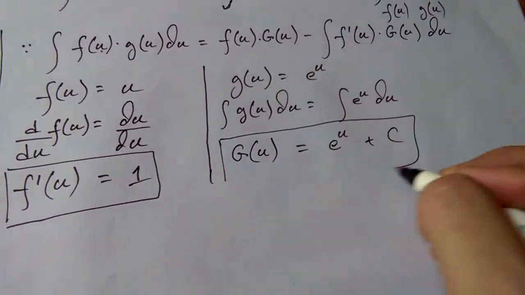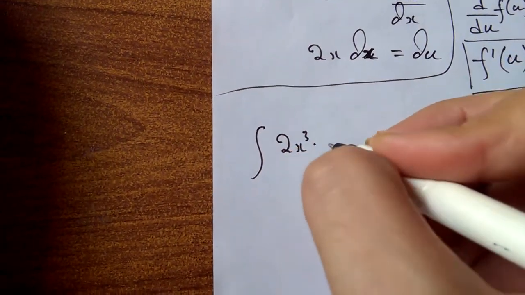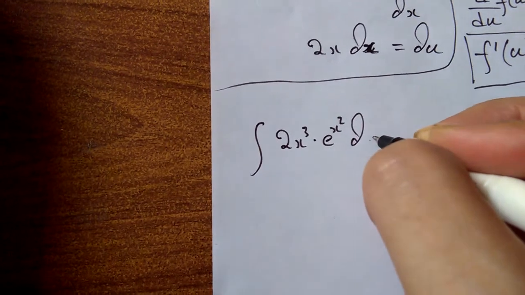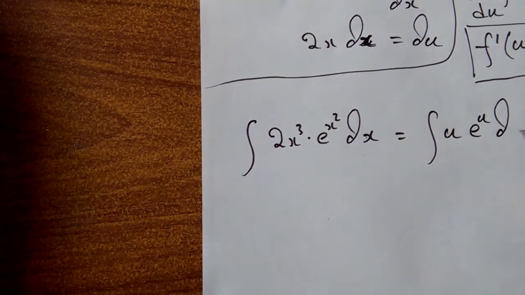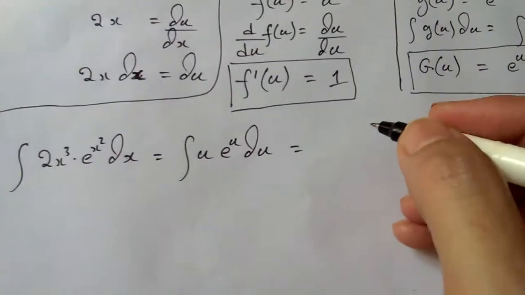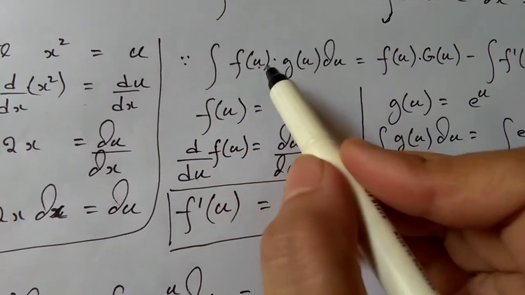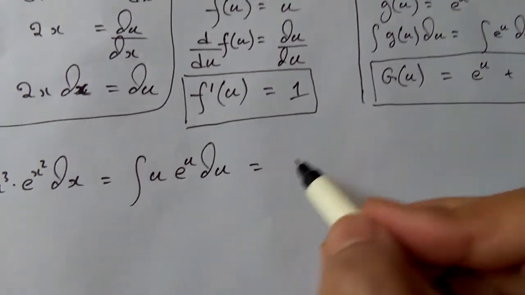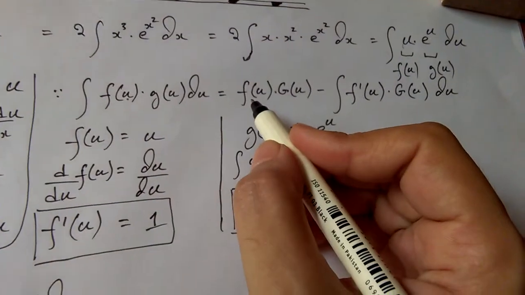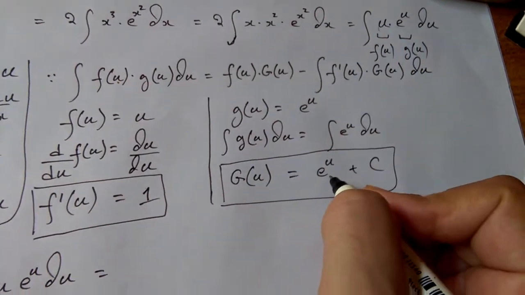Let's highlight this thing. Okay, so now let's write the original function. And it was simplified in this form. Try to be very precise in your work. And now apply the by parts. You see that integral of f of u g of u du is equal to your f of u capital G of u, and f of u is what? It is your u, g of u is your e of u.